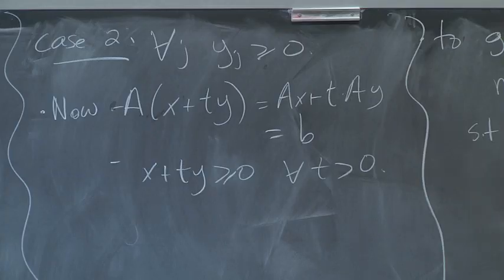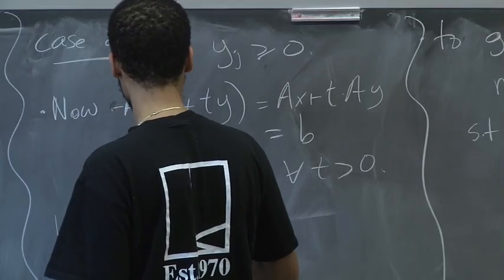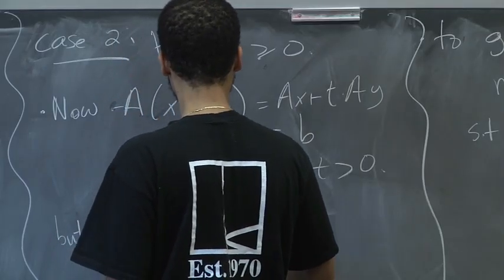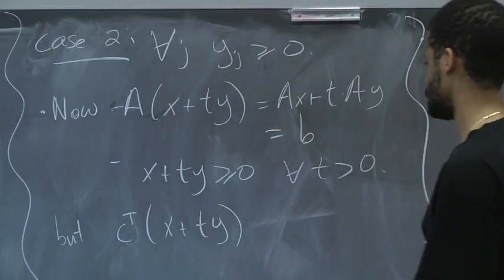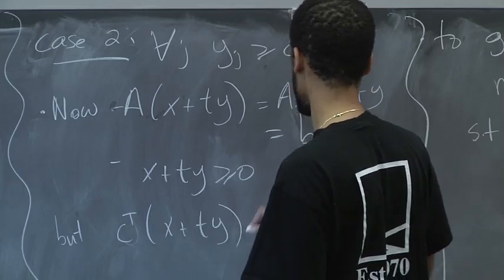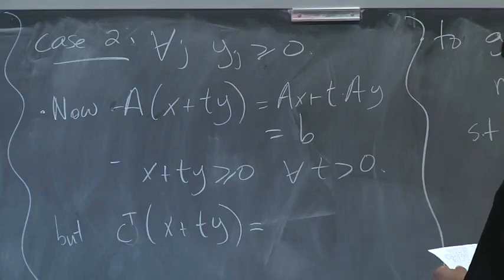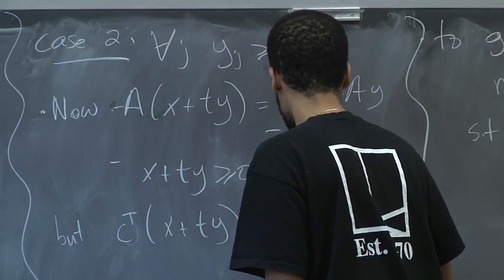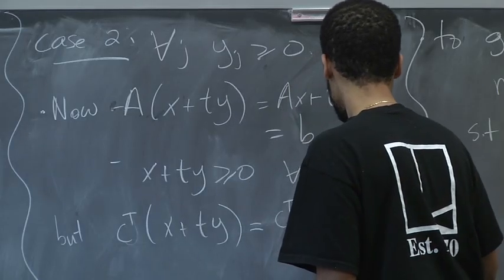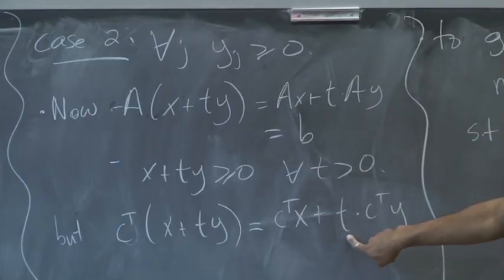But C transpose of x plus ty is equal to C transpose x plus t times C transpose y. This is a positive number.